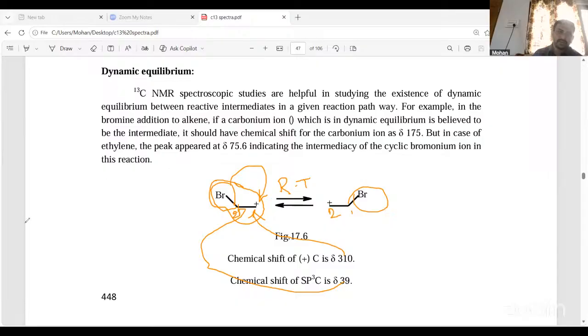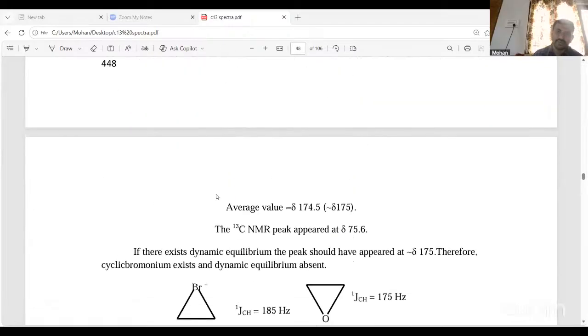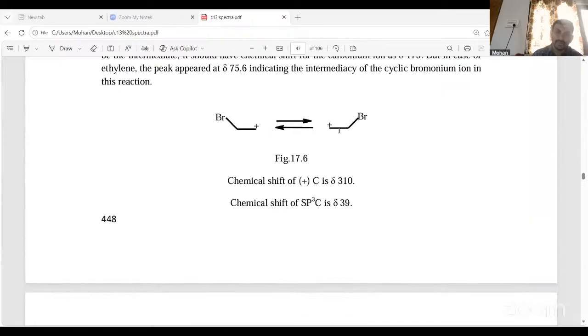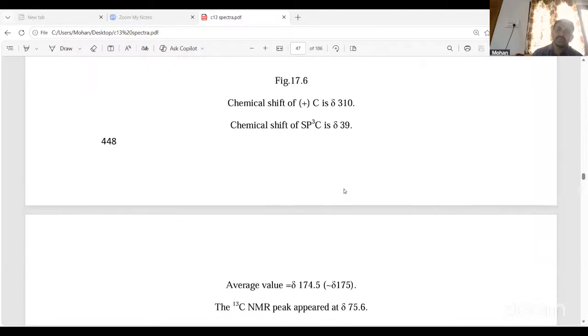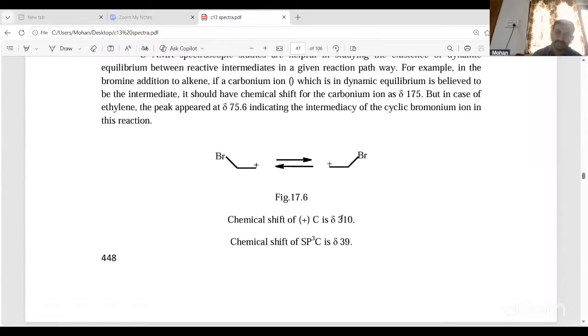And after some time, when it is establishing the dynamic equilibrium, the changing of the position of the bromine is taking place, and it is showing a different value in addition to this 310 and 39.